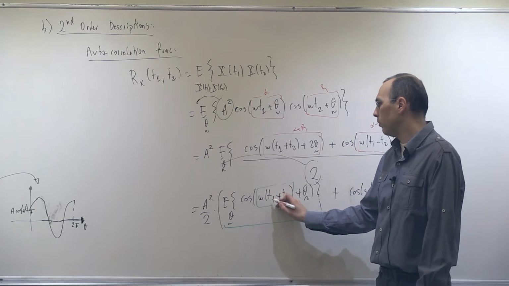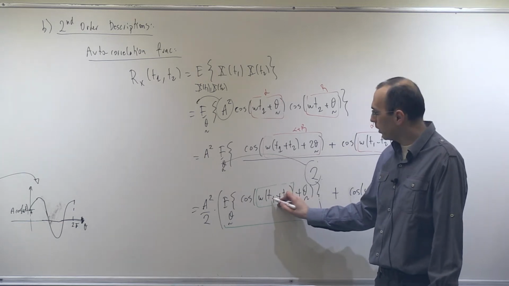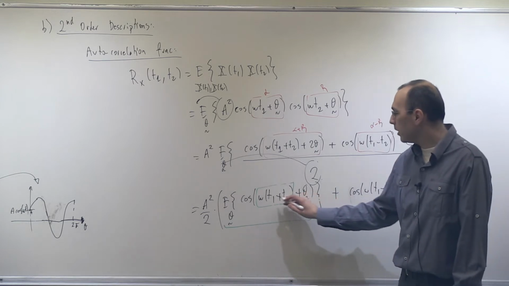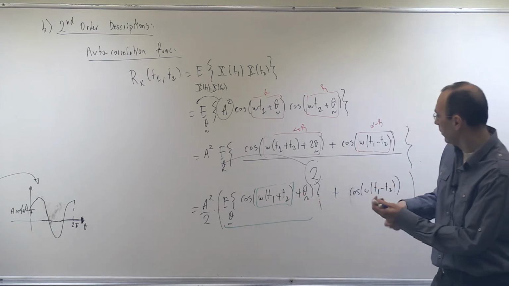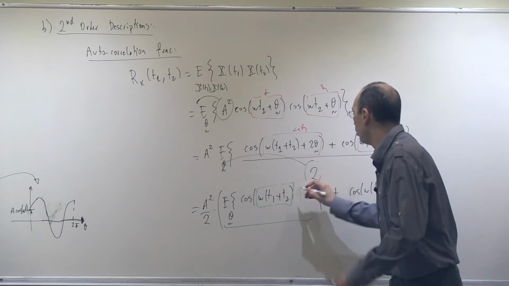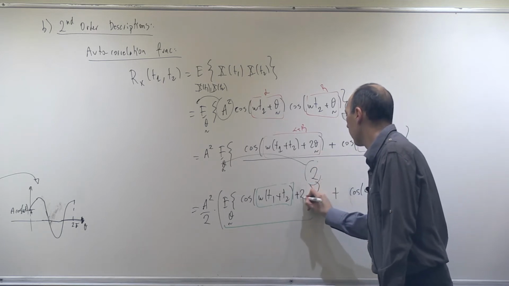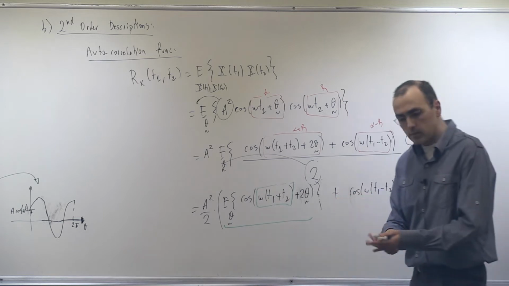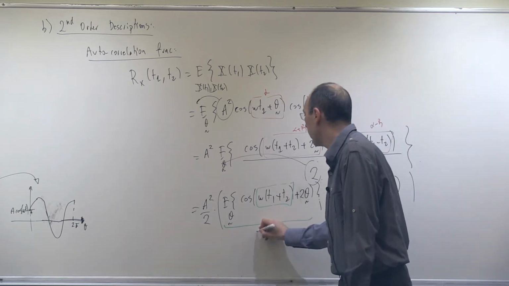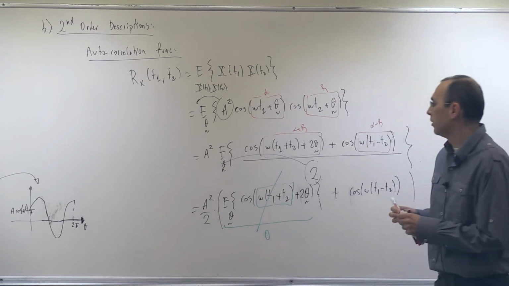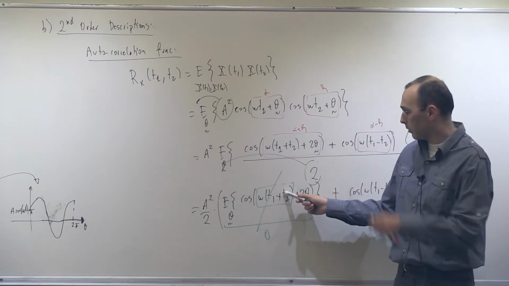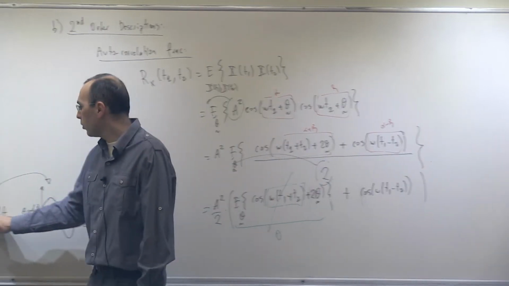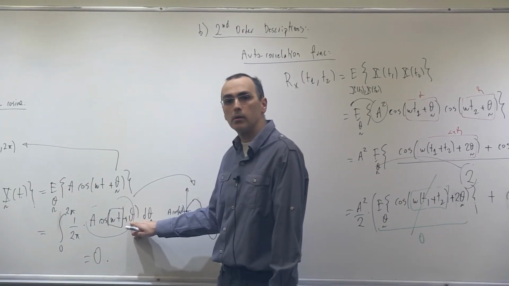Frequency is constant, T1, T2, maybe T1 is 1, T2 is 2, first, second, etc. So it's exactly the same, but there's a minor difference: there's 2 theta over here. So again this is equal to 0. Why is this equal to 0? The reason is this is constant. So if I evaluate this integral, the only change is that I have 2 theta over here.